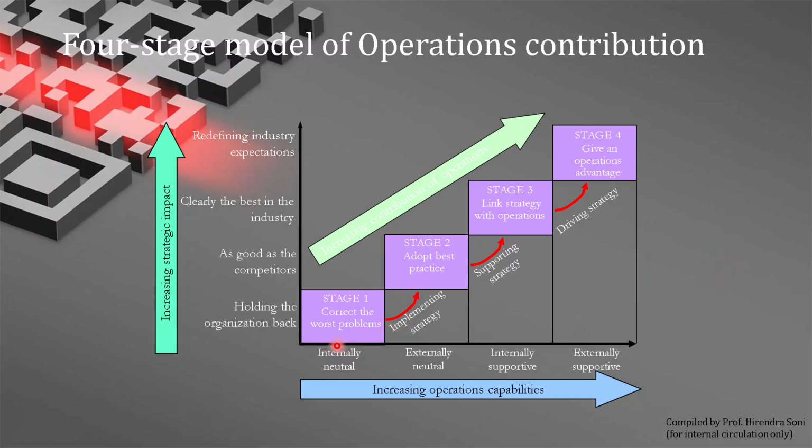In the initial stages, when you are able to just correct the worst problems, that means you are internally neutral, you are holding the organization back. That means it is only trying to take care of the regular problems which come.